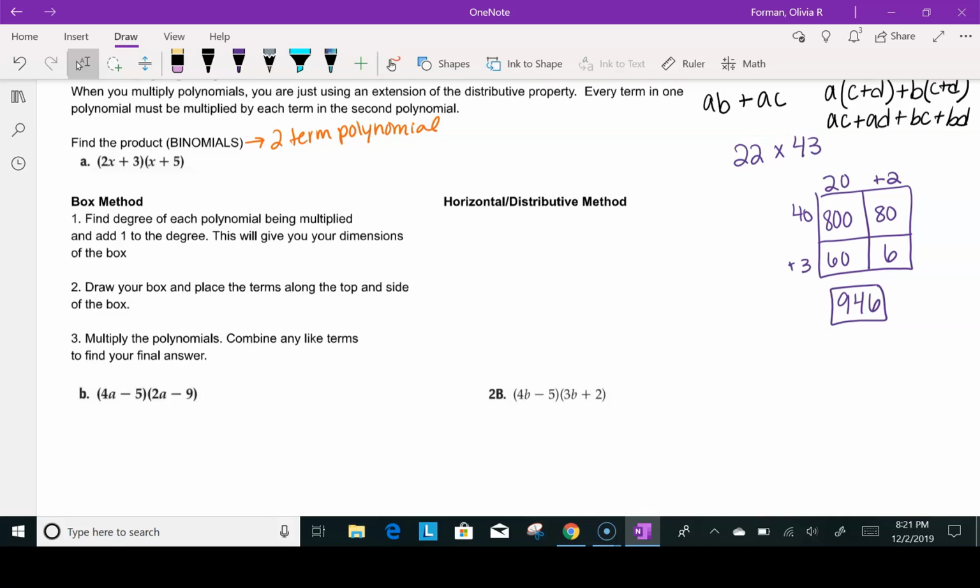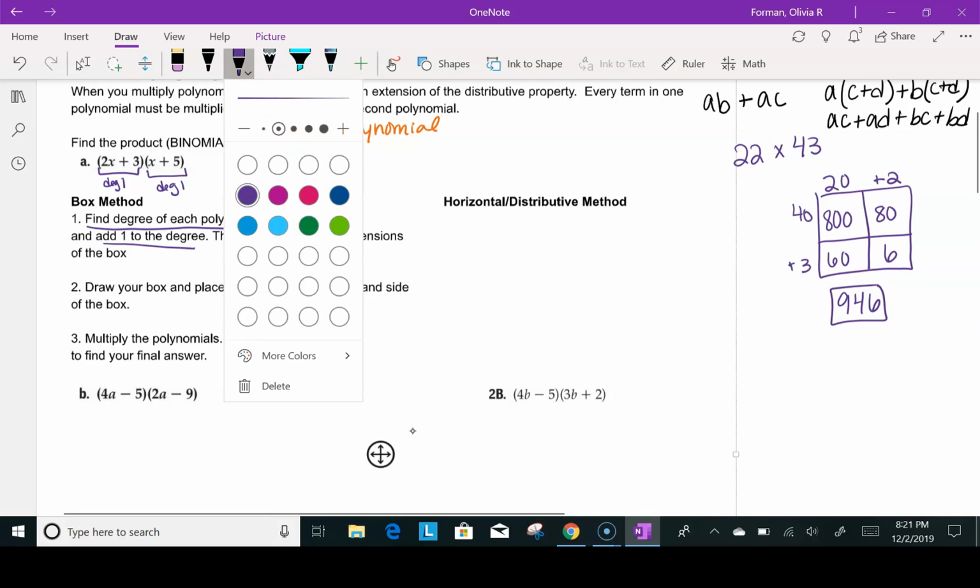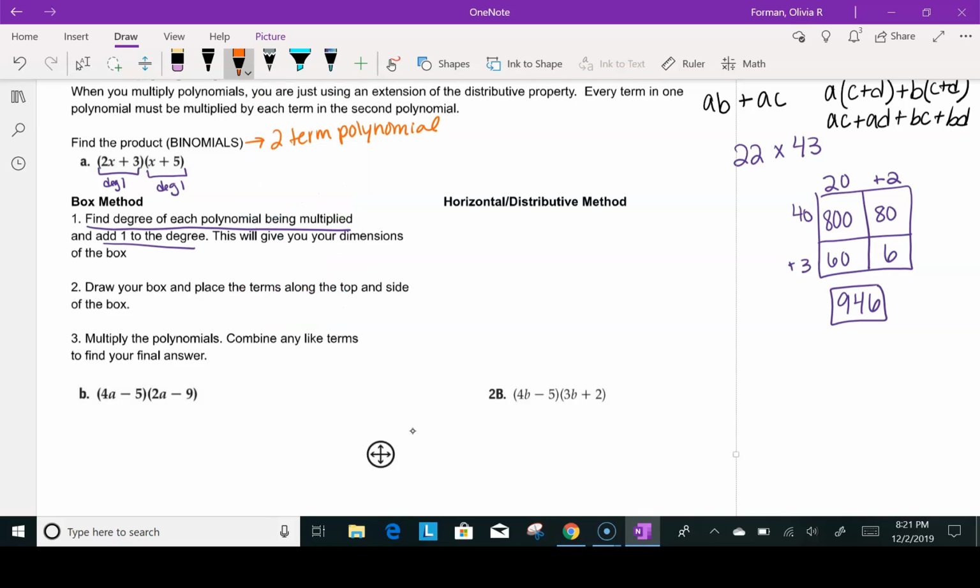So to do the box method, it says find the degree of each polynomial being multiplied and add 1 to the degree. When I look up here, 2x plus 3 is degree 1. x plus 5 is degree 1. It says to add 1 to both to find the dimension. So 1 plus 1 is 2, 1 plus 1 is 2.